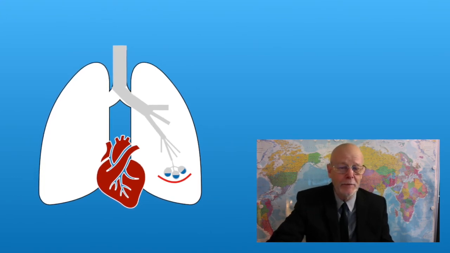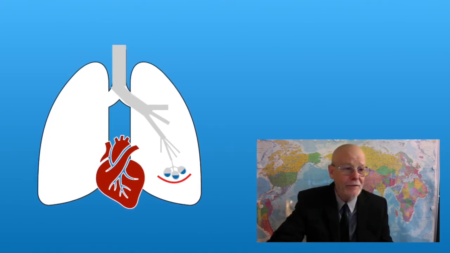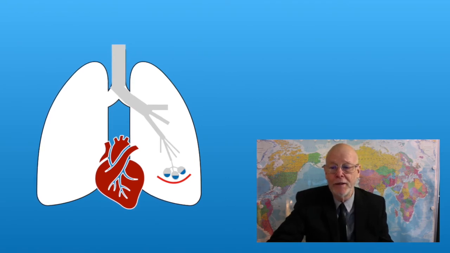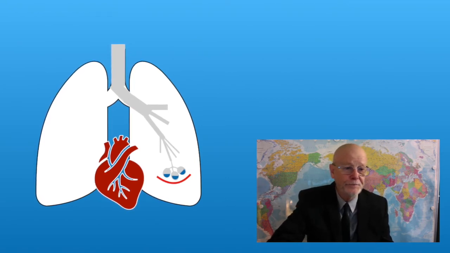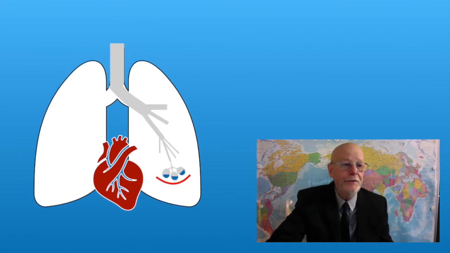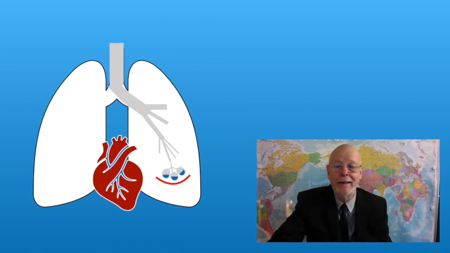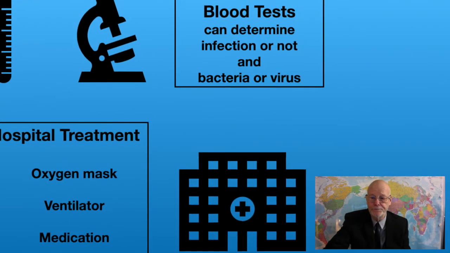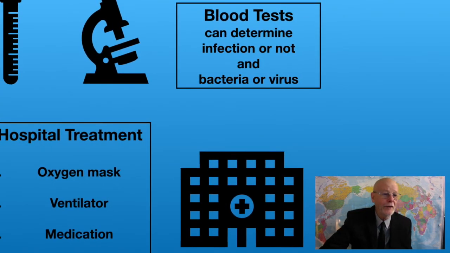Now, you may have a test that indicates you've got the virus. You may have symptoms. They may be mild. You may have been to a doctor. But if you get this breathing problem and the distress associated with it, you'll possibly be sent to a hospital. And the hospital will do various tests.